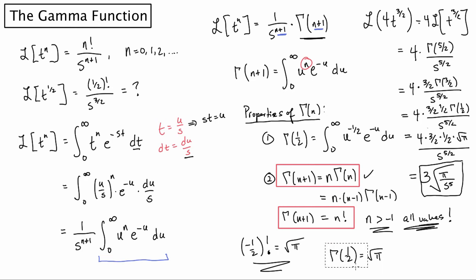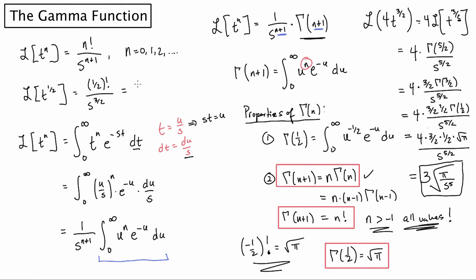Because we know that that's the case, what that allows us to do is, if we start with any power involving 1/2, then we can use the gamma function's properties to get it down to gamma of 1/2, and so our answer will involve the square root of pi somehow. This also gets us back to the question that I wanted to ask at the very beginning, and that is, what is the Laplace transform of t to the 1/2?